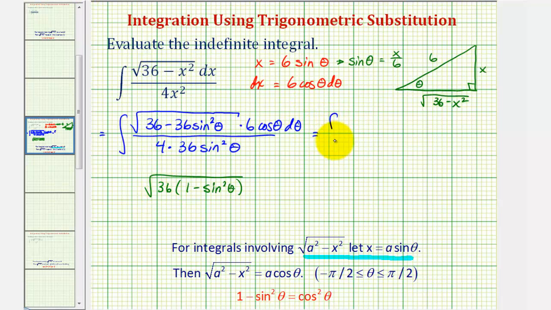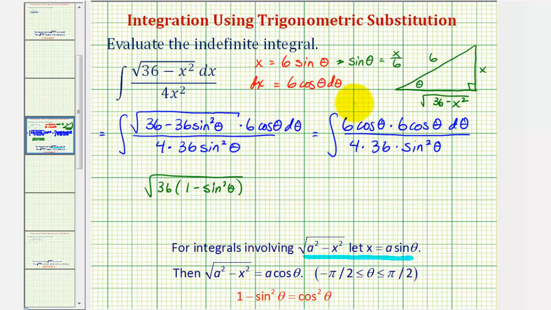So we'd have the integral of 6, and then 1 minus sine squared theta is equal to cosine squared theta, and the square root of cosine squared theta is cosine theta. So we have 6 cosine theta times 6 cosine theta d theta divided by 4 times 36 times sine squared theta.